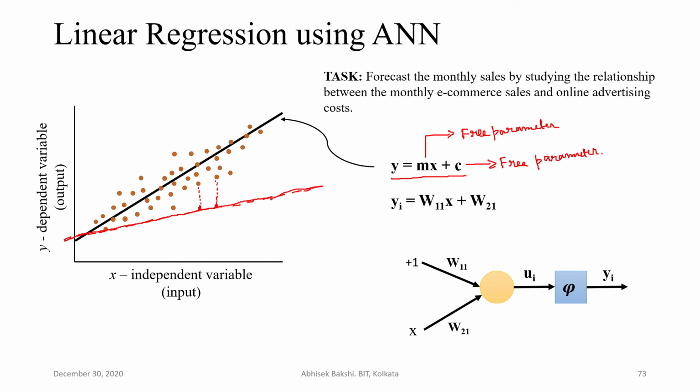That means you will try to adjust this M and C so that next time the average error over all the points gets minimized. Something like, you can say the next line can be something like this.